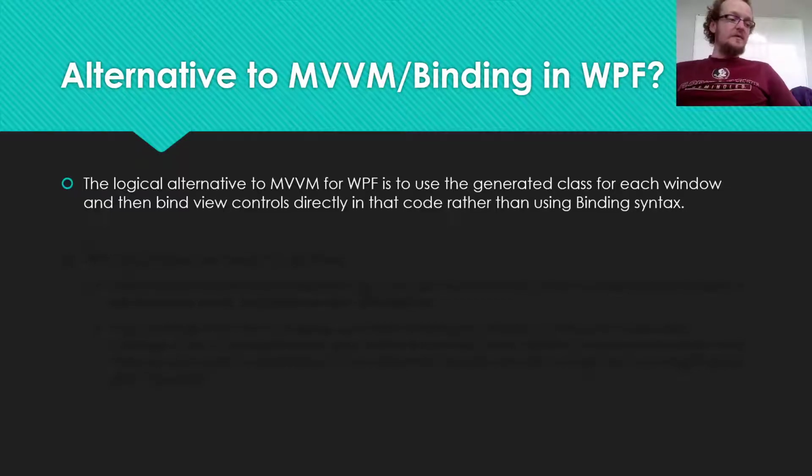So if you think about the alternative to MVVM, if you take it to the absolute extreme, we talked about how each of the actual controls in a WPF application has a name attribute or property. You can set that name attribute and you can reference the control, or have access to the control from the code behind using that name.